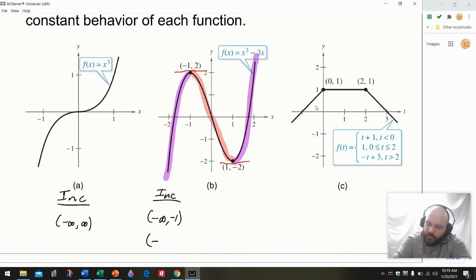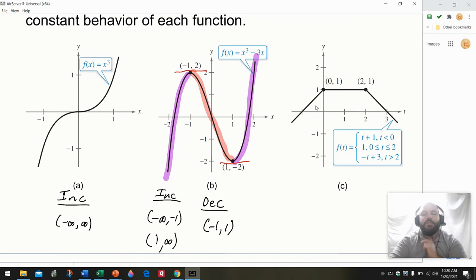Sorry, not -1. I didn't mean to say -1. From +1 to positive infinity. And again, notice that I'm not including that 1. It's after the 1, so I'm using a parenthesis and not a bracket. Now, where is it decreasing? Well, it's decreasing on that red highlighted part. So it's decreasing from -1 to +1.